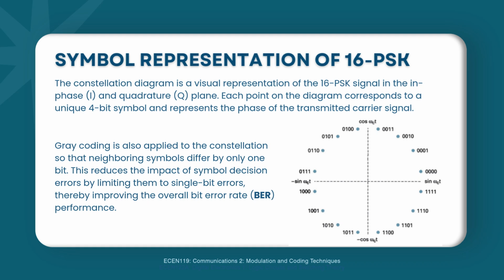This is an important design feature because noise and phase distortion may cause the received signal to be detected as a neighboring symbol. With Gray coding, such symbol decision errors result in only a single bit error, significantly reducing the bit error rate, or BER, and improving the reliability of the communication.